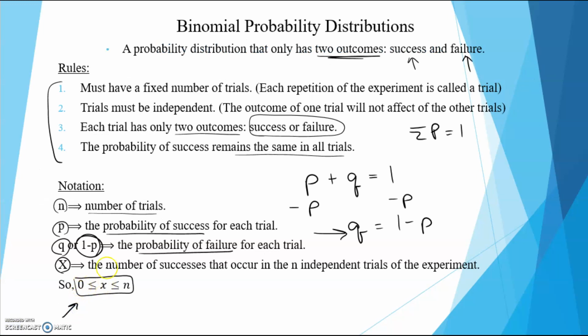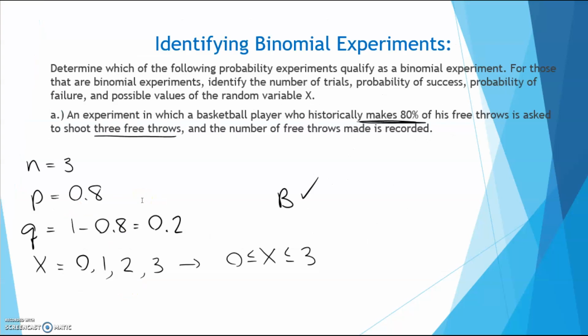X is between 0 and N. Okay, N is your number of trials. Our N was 3, so it only goes up to 3. It's basically saying, if I'm going to shoot 3 times, can I make it 4 times? Well, no, because you're only shooting 3 times. So the max number is however many trials you're looking at, or 3 in this case.